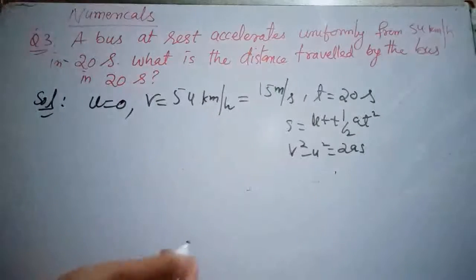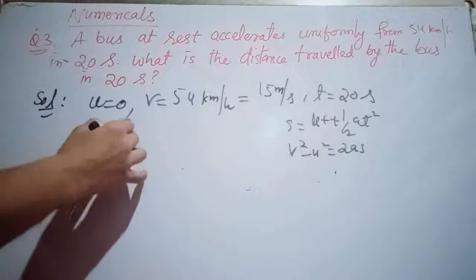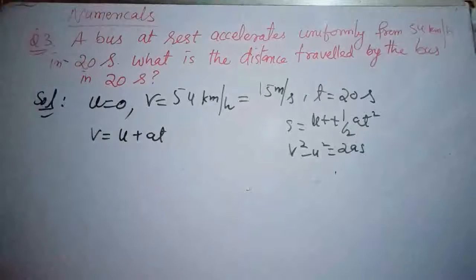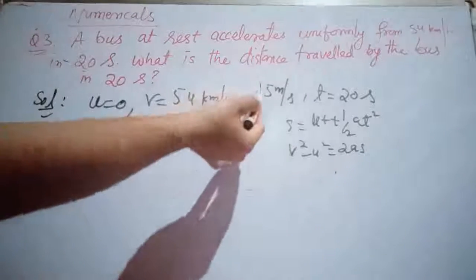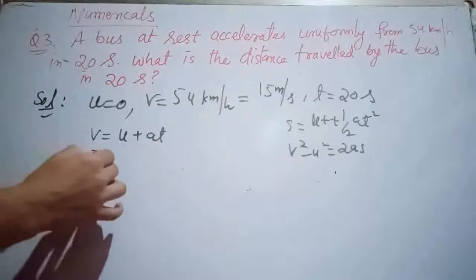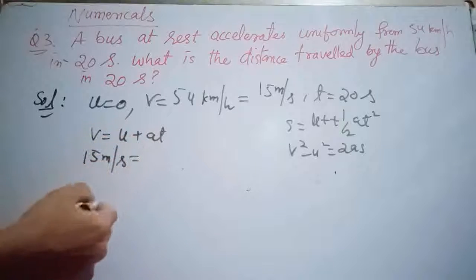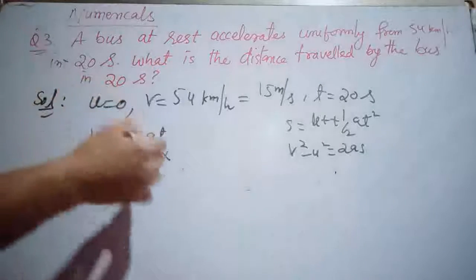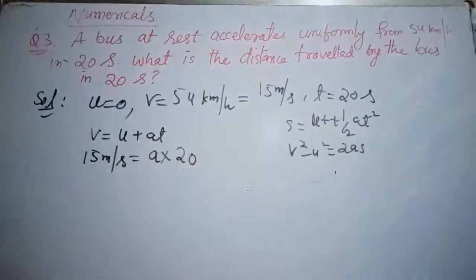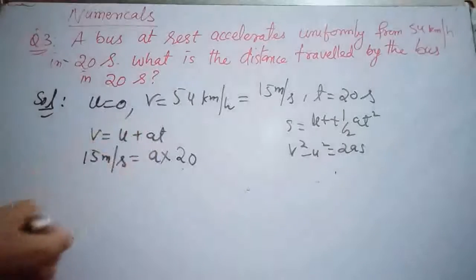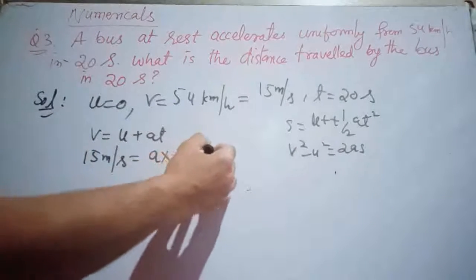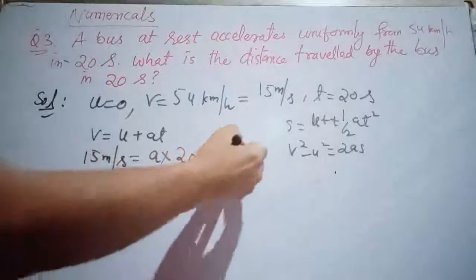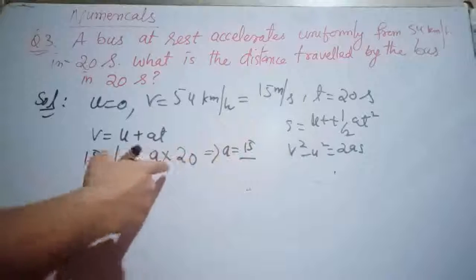I can find the acceleration from v is equal to u plus at. Here v is given, 15 meter per second, is equal to u is 0, plus a, which we have to find, and t is 20. So a is equal to 15 divided by 20.